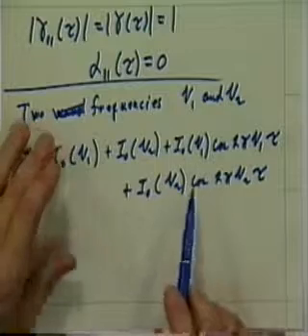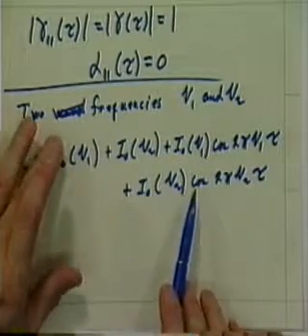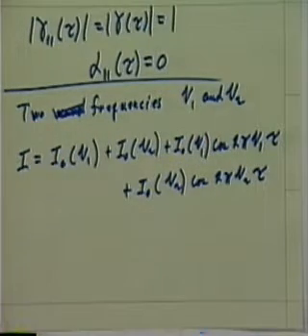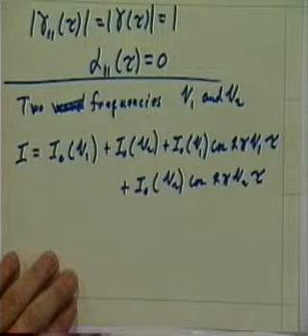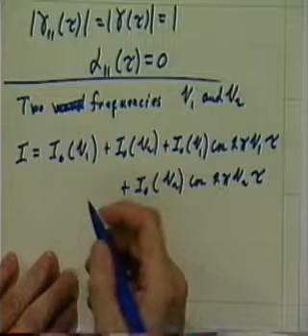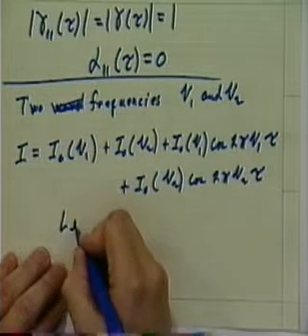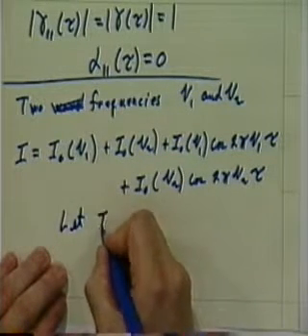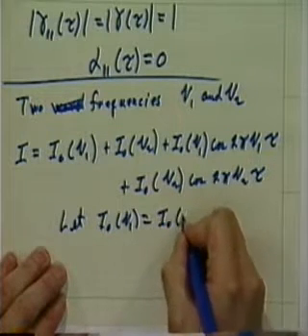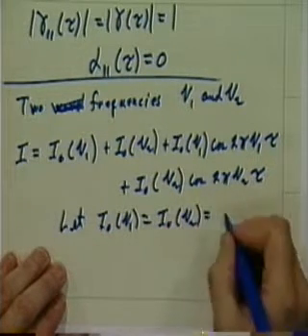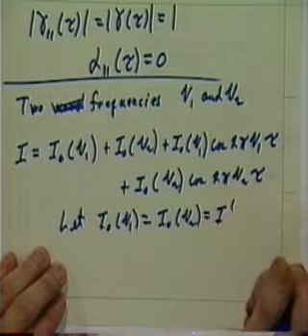So I'm adding up just the fringe patterns from the two frequencies, adding intensities. Okay? Everyone buy that? Then, to make everything as simple as possible, I'll say let I naught of nu 1 equal I naught of nu 2 equal I prime.